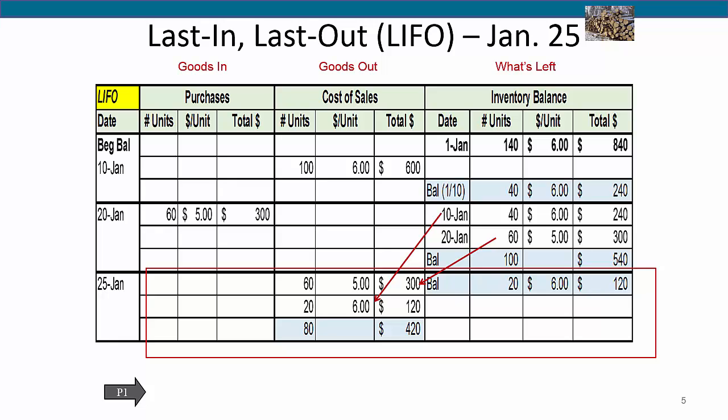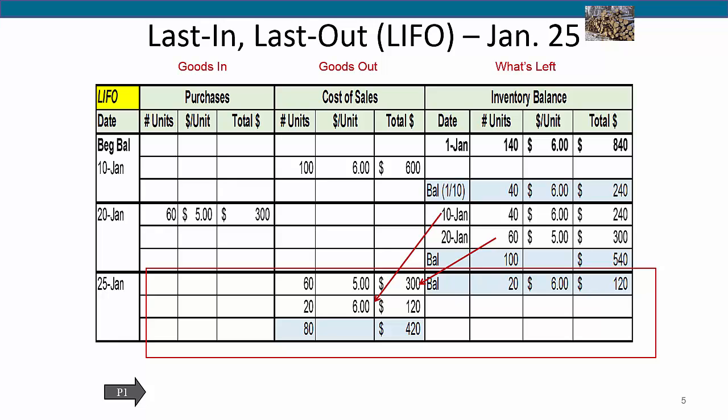This means that the first 60 units sold were acquired on January 20th for a cost of $300 or at $5 per unit. The remaining 20 units sold were acquired on January 10th at a cost of $6 apiece or $120. The total cost of sales then on January 25th was $420.